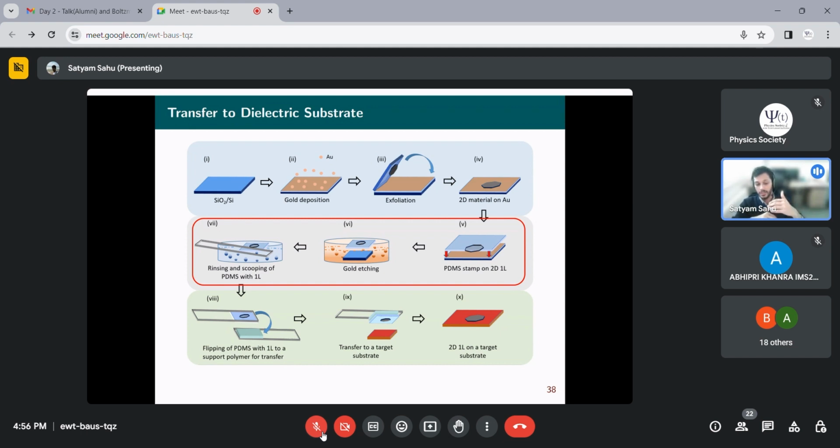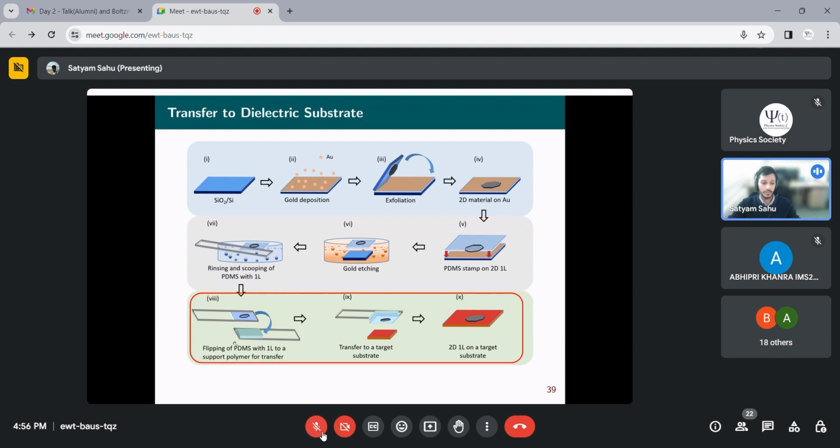Then you can take out those flakes with the help of a glass slide or something, and then you can transfer them to another dielectric substrate, using a simple micromechanical stage, or even just by putting the whole stack on top of the dielectric substrate, and finally you have most of the flakes transferred on the dielectric substrate.